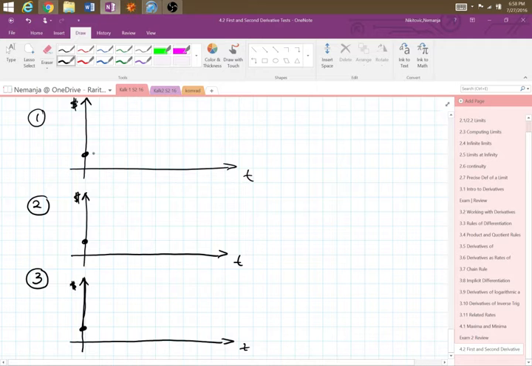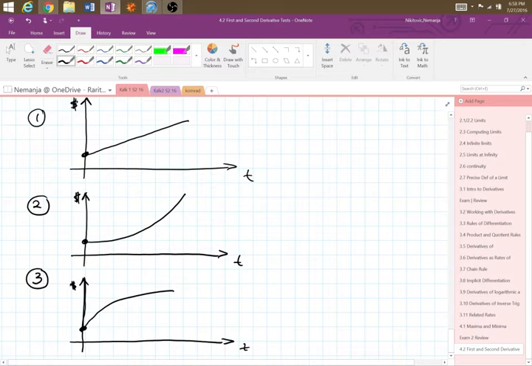And then we have this one, and that one. Which one over time makes the most money? Number 1, 2, or 3? I heard 2 and 3.